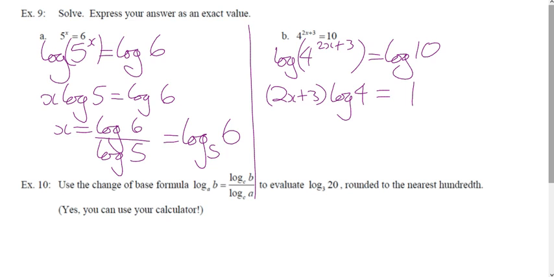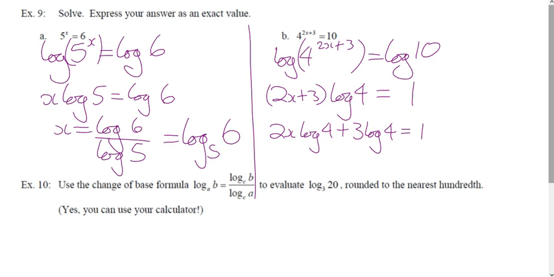Now there are about 3 or 4 different ways this could be written. Again, same deal, right? Why would you write it in different forms? Well, it depends what I'm looking at for an answer. So what could we say? Well, we could expand this: 2x log 4 plus 3 log 4 equals 1. What's 3 log 4? It's just a number, right?